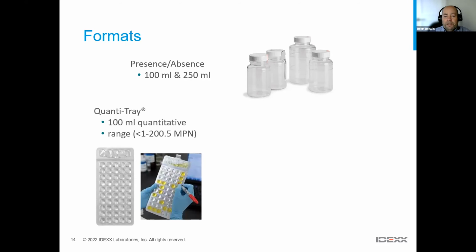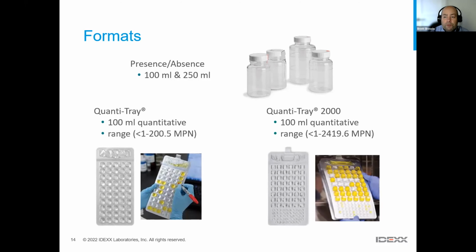Or we can do quantitative testing in a 100 milliliter format, giving a counting range up to about 200 MPN, or a slightly different format that involves a dilution, where we get a counting range up to around 2,500 MPN. So you can do either presence absence or quantitative analysis, depending on your needs.